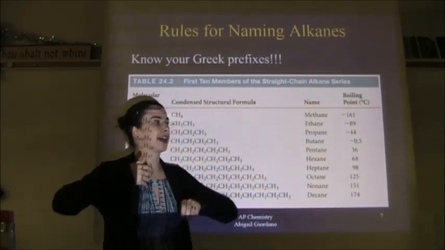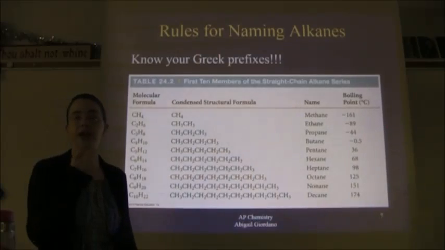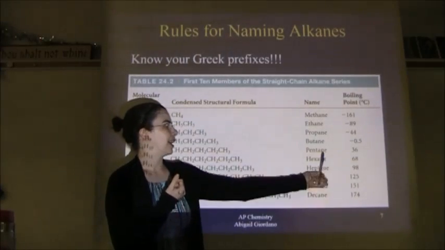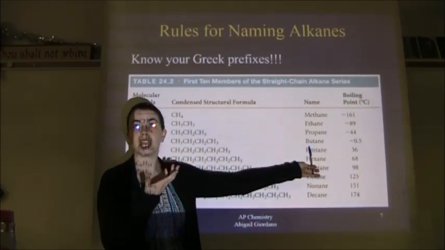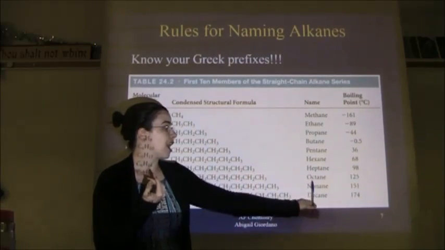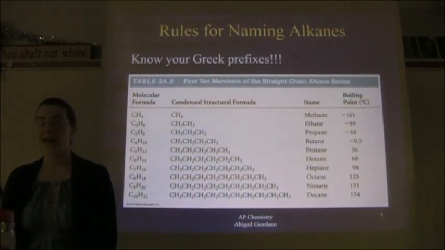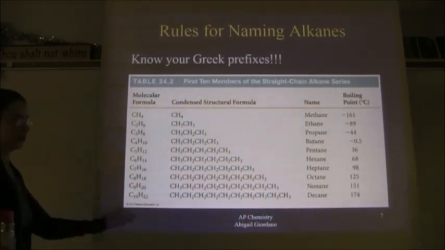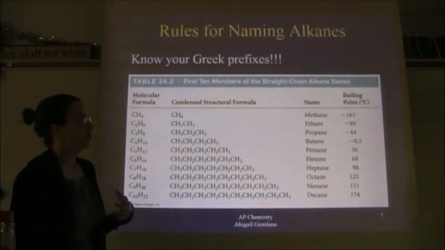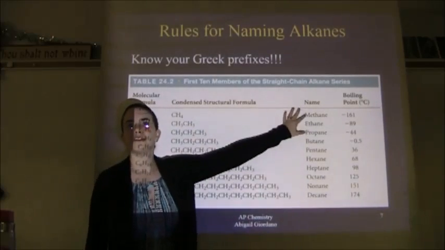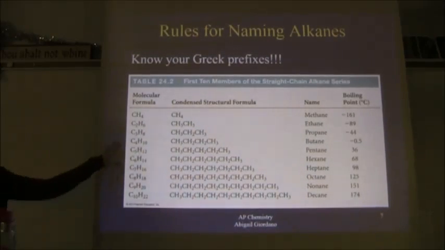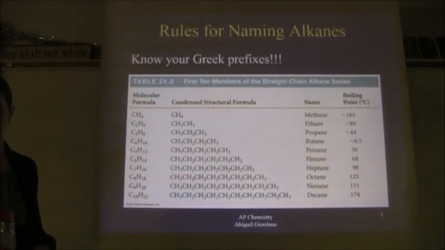If you've used a cigarette lighter, which I'm sure you've never used, those are usually butane. Octane is an additive that a lot of race cars use in their gasoline. These are all fuels, very flammable, and it's all tied to the number of carbons.